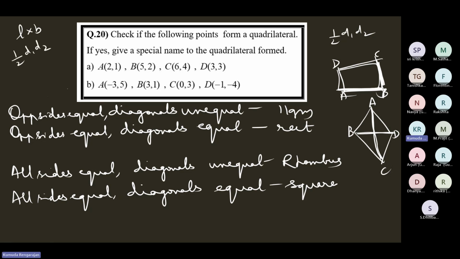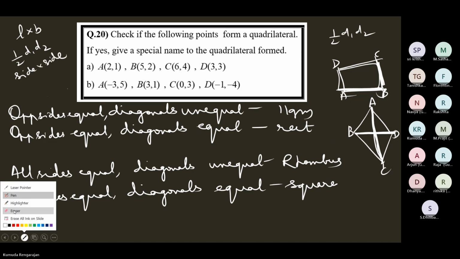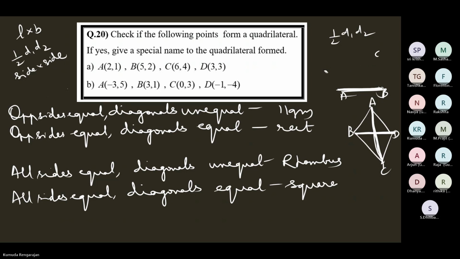D1 is AC and D2 is BD, or D1 is BD and D2 is AC. Half into product of diagonals. Square will be side into side. Yeah, make a note of all this.